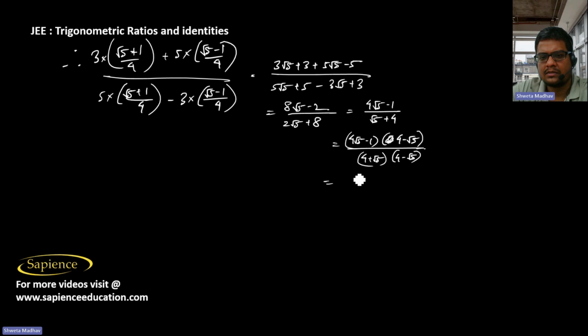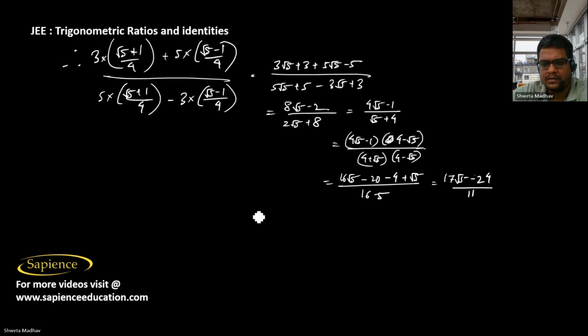So then we will get 4 into 4 is 16 root 5 minus 4 root 5 into root 5, so 4 5 is 20, minus 4 plus root 5, divided by 16 minus 5, so this is 11. So this is equal to (17 root 5 minus 24) divided by 11.